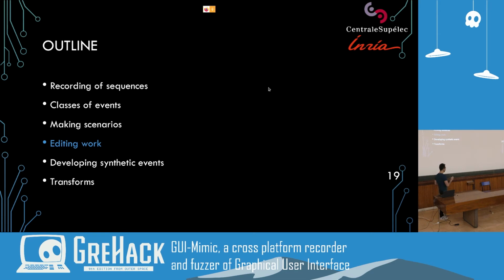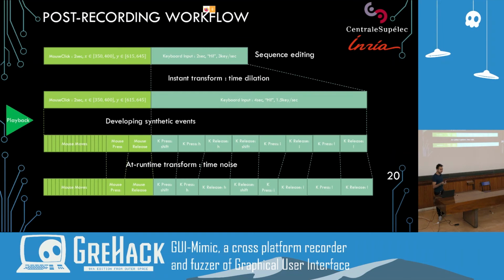Now I'm going to talk a bit about the editing work you can do to improve your sequences. First of all, let's say you have recorded some things, but you want to add more sequences. The first thing you can do is just to add, as I've shown earlier, your own events, ideally synthetic events, because they are much, much easier to handle.